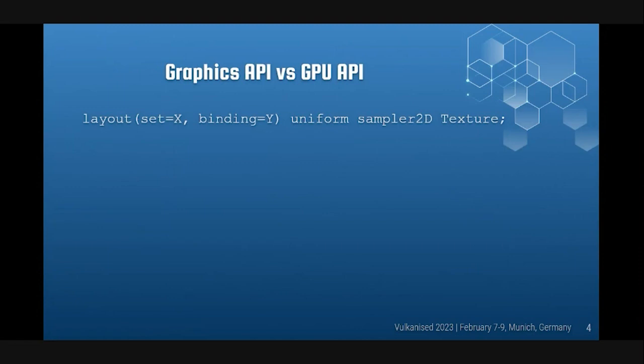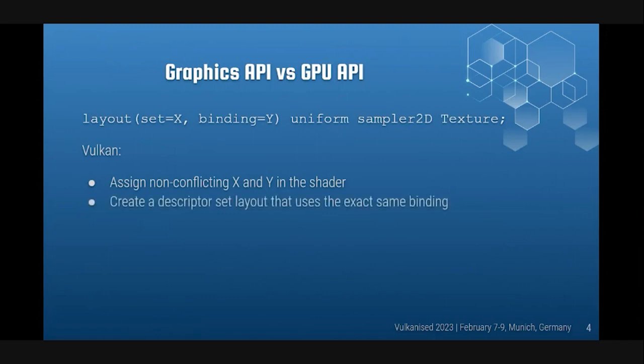Suppose we, as graphics engineers, just want to render a textured cube. To make this textured cube work in Vulkan, there are quite a few steps that we need to do. First of all, in our shader, we need to assign a non-conflicting descriptor set and binding.